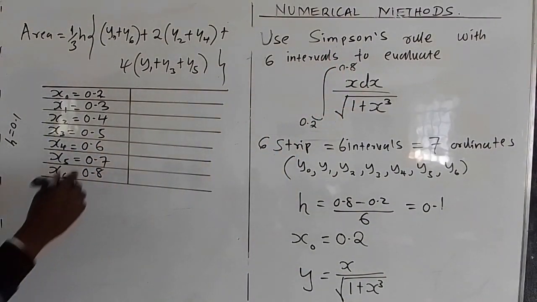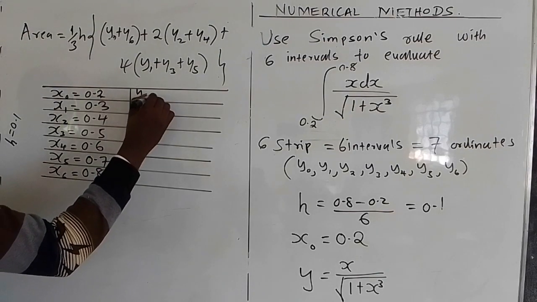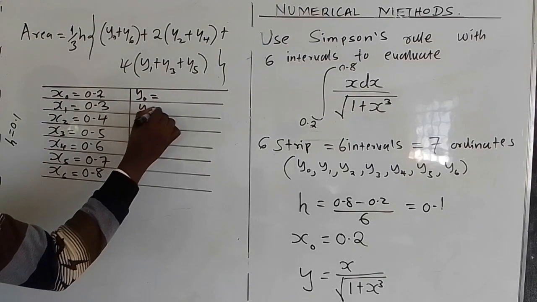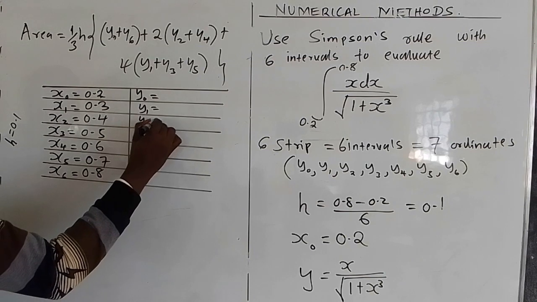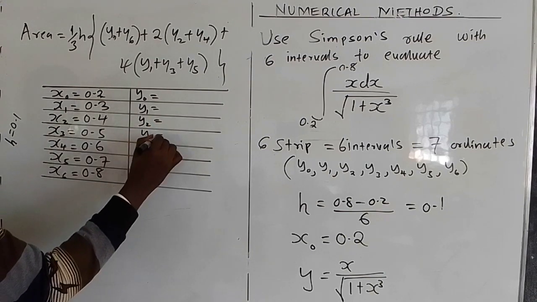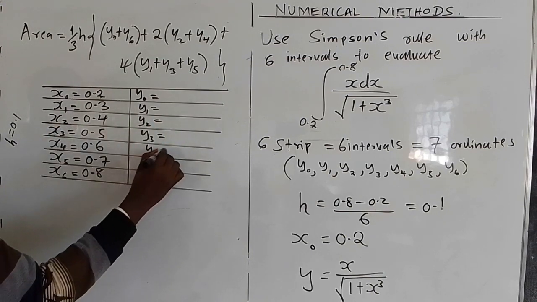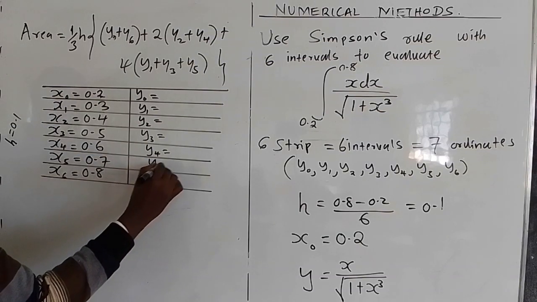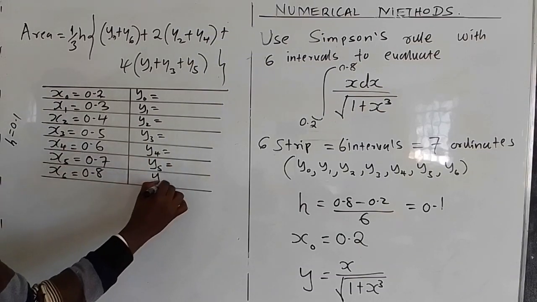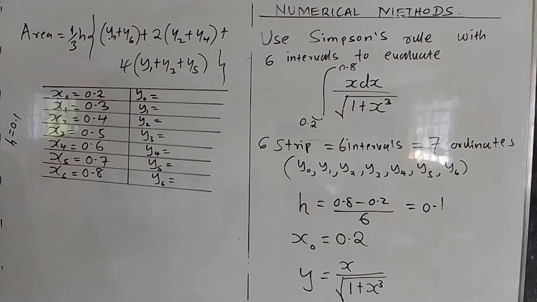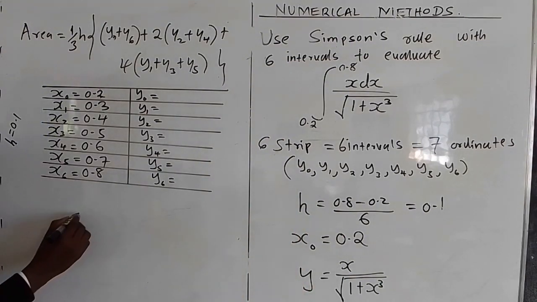We get the corresponding y. x0 gives you y0, x1 gives you y1, x2 gives you y2, x3 gives you y3, x4 gives you y4, x5 gives you y5, x6 gives you y6. Are we together? Yes. So use your formula for y.